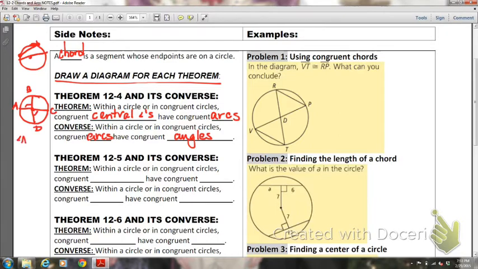So we have angle AB congruent to angle CD, which means that arc AB is also congruent to arc CD. Let me put the arc in a different color so you can see arc AB is on the circle and has the endpoints of those two radii, points A and B, and then C and D are the endpoints of the other arc. So we'll call this circle O.